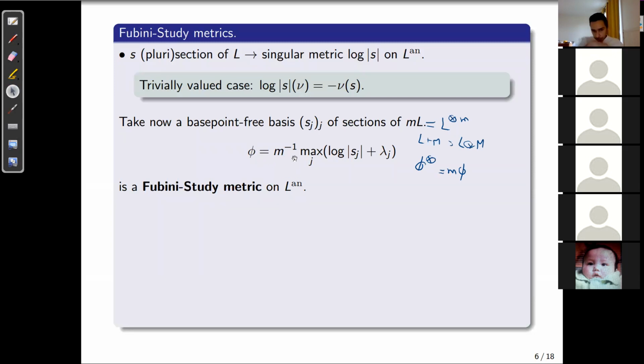And so we're going to take a maximum of singular metrics of this type obtained from a base point free basis of sections of the mth tensor power of L itself, with some very important constants that are just going to be real or rational.